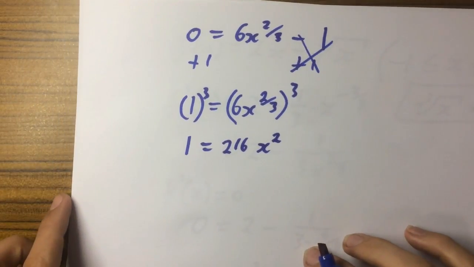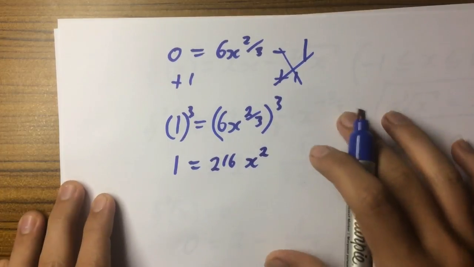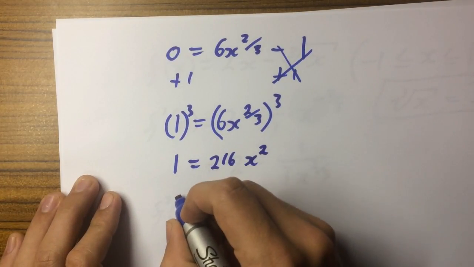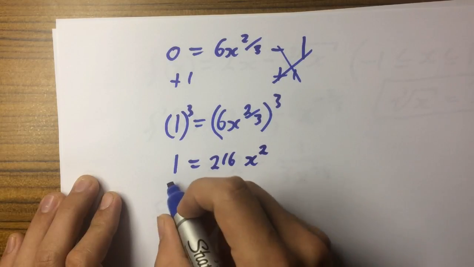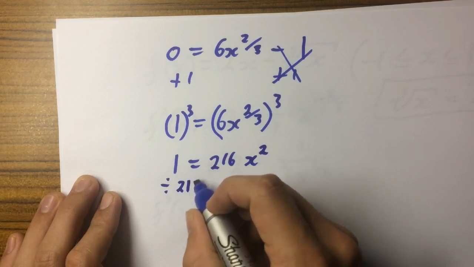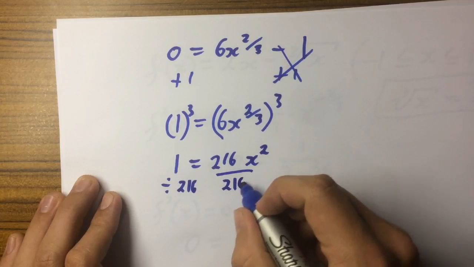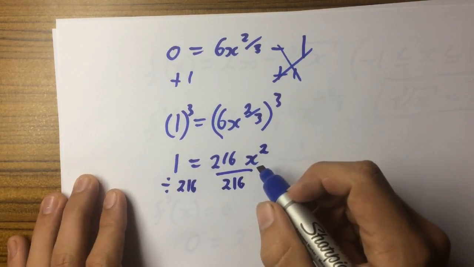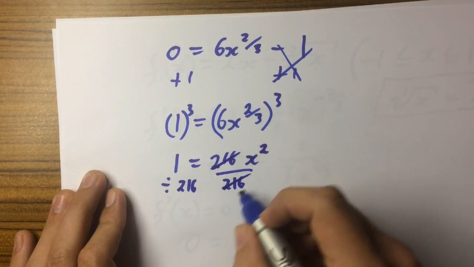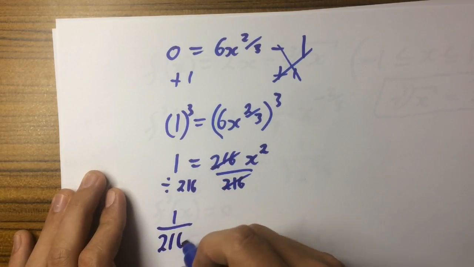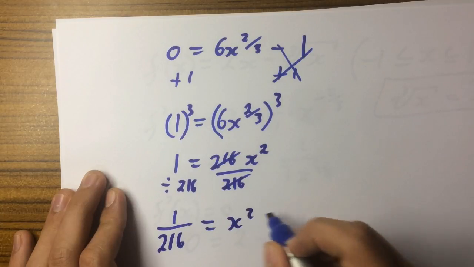Okay, now we're going to divide both sides by 216. So it's going to cancel out, and that's going to bring it over here as 1 on 216 equals x squared.